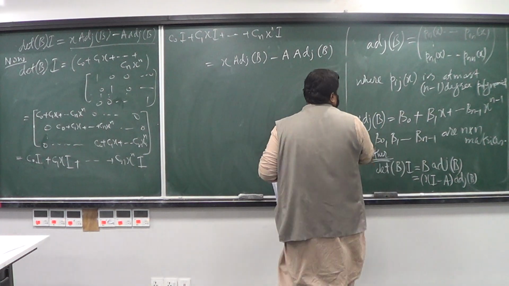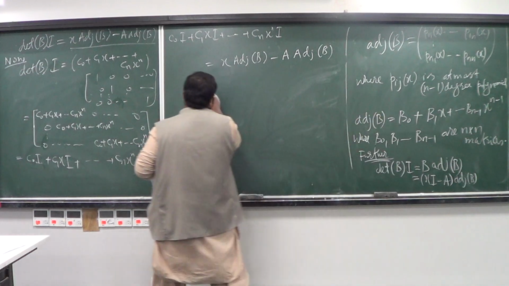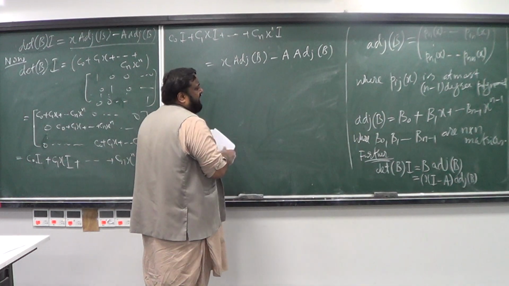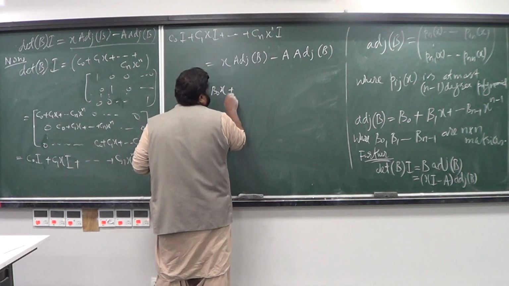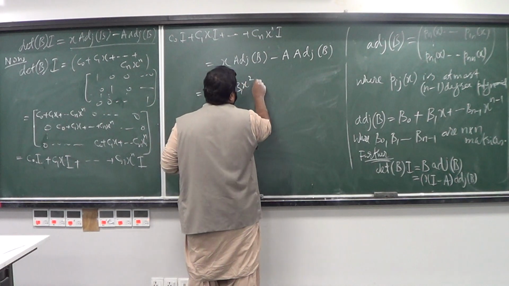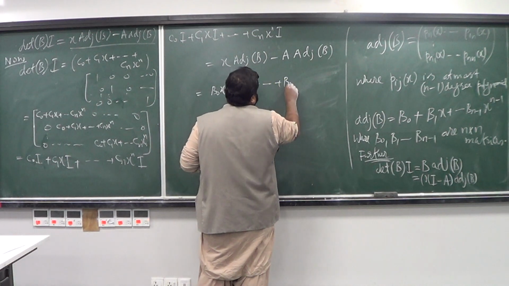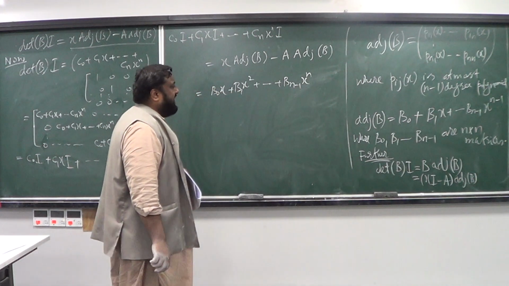Now what is the expression for adjoint of B? It's this polynomial. So let's multiply this with x. I'm going to get B naught x plus B1 x square plus so on and so forth, Bn minus 1 x power n.